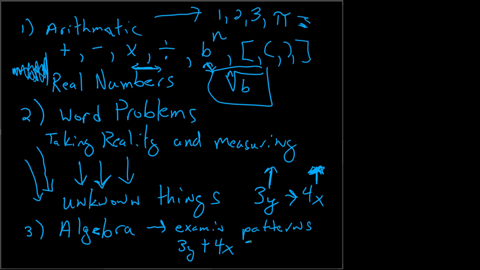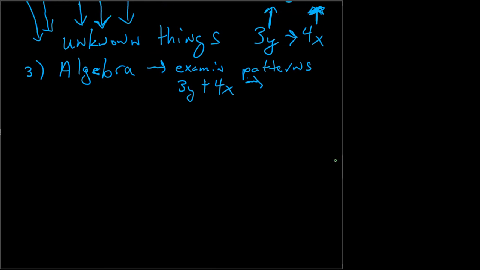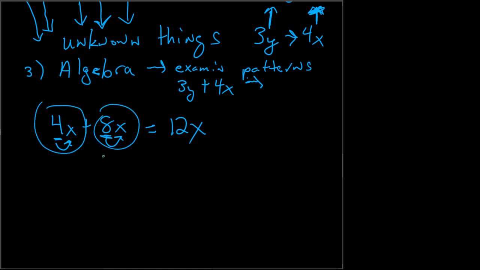Or what happens when I have 4x plus 8x? Well, look, I have 8 of a thing and 4 of the same thing. So I have 12 of those things. And so we're going to figure out what that type of patterning means.